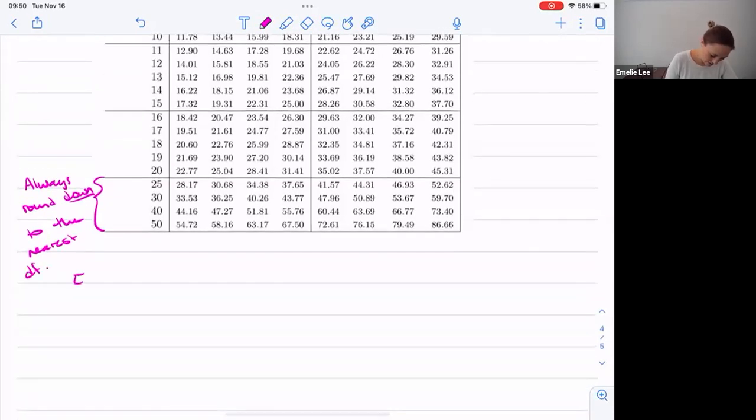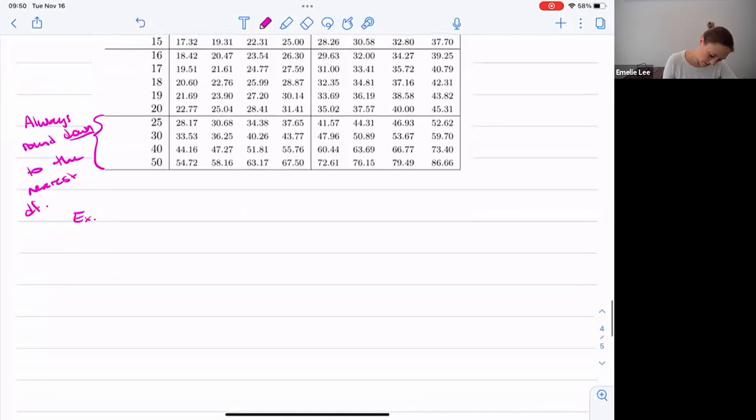For example, if you find that you have 39 degrees of freedom, then you would use 30. That's always going to be the case with the degrees of freedom: if you don't have the exact degrees of freedom, then you always round down, right?